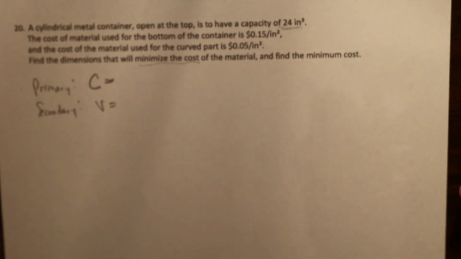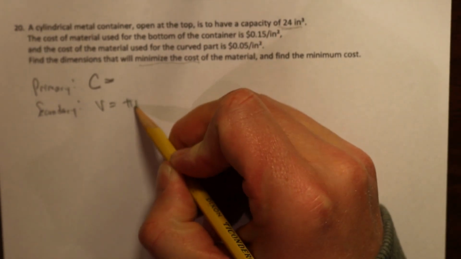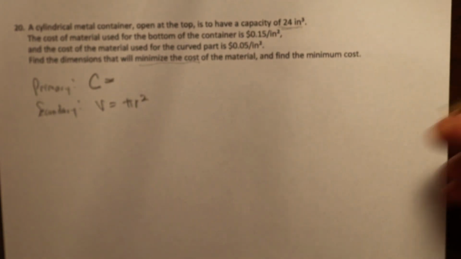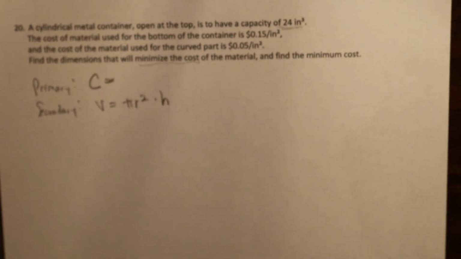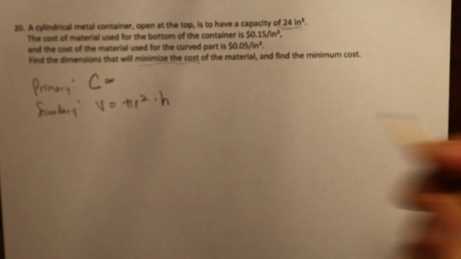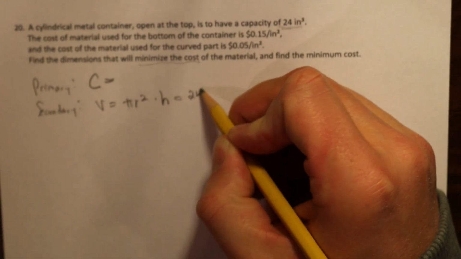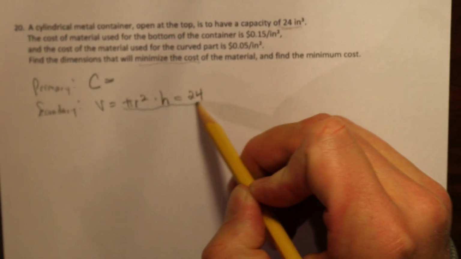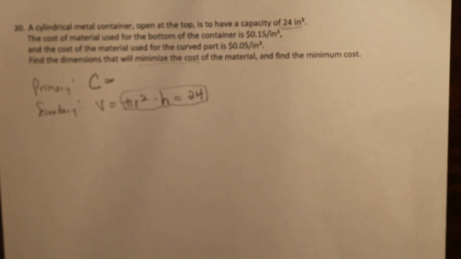So to get your 3 dimensions, you take the area of the circular base, which is pi r squared, times the height of the whole thing to get that 3rd dimension, which makes it a volume. But that volume is supposed to equal 24. So pi r squared h equals 24 is our secondary equation.